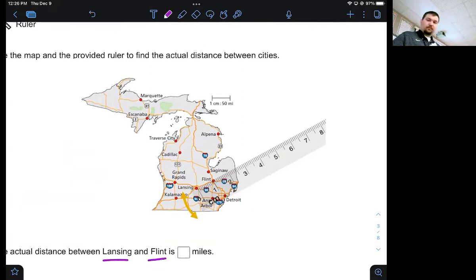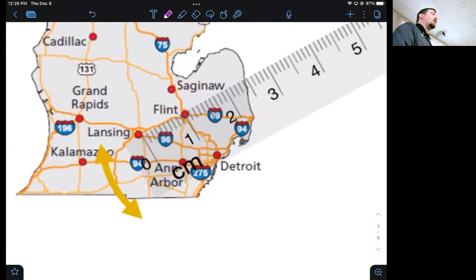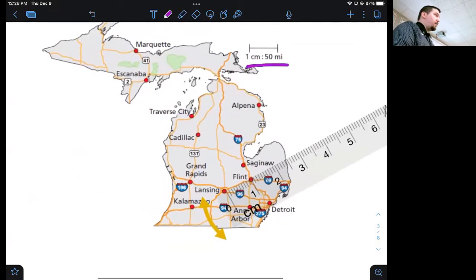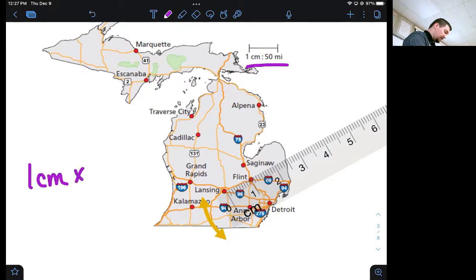Lansing and Flint seem to be how far away using our ruler? Gage? 1 centimeter. So Gage, if 1 centimeter is 50 miles, then 1 centimeter would be 50 miles. Yeah, so literally 1 centimeter times 50 equals 50 miles.